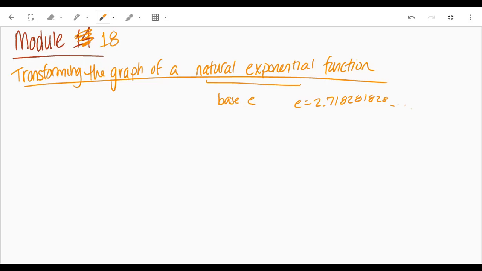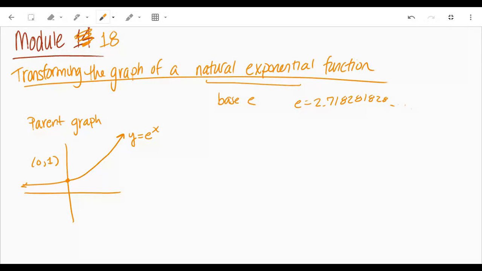So we are going to start with just your parent graph, and then we apply all the transformation rules just like we always do, okay? So your parent graph of y equals e to the x looks like this, okay? And there's always two really important points. The first one is if x is 0, then y would equal e to the 0, which is 1.